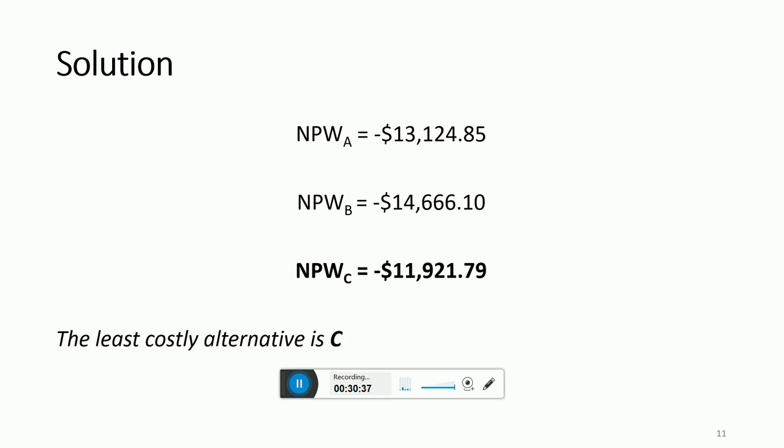The second approach is that we compute the discounted present worth on the basis of the least common denominator of the different alternatives' lives. So these two approaches can be used if we have different lifespans for the equipment.